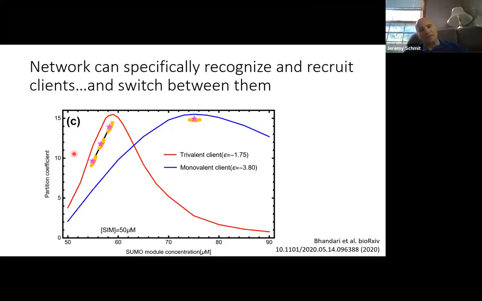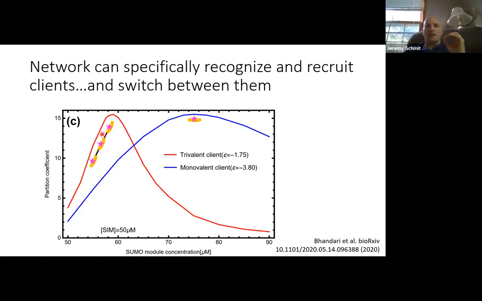What happens is that the network can now specifically select and choose between these two clients that effectively bind to the exact same site. Okay, we have specific recognition and recruitment between these two clients, and the system can choose which client it wants to recruit based on the scaffold stoichiometry.